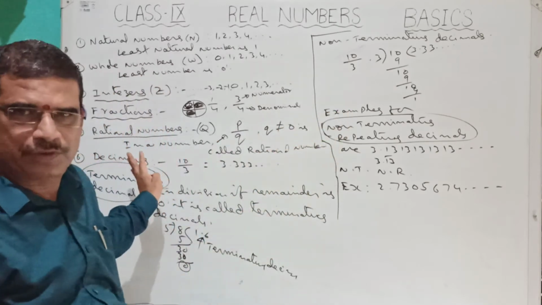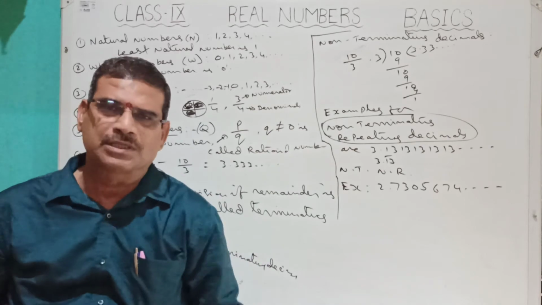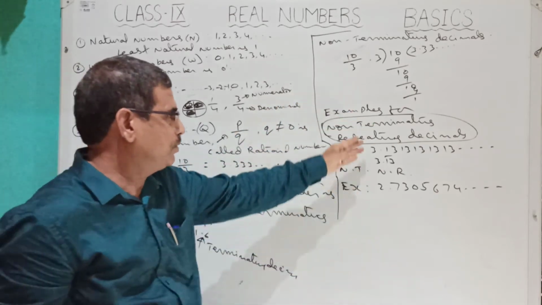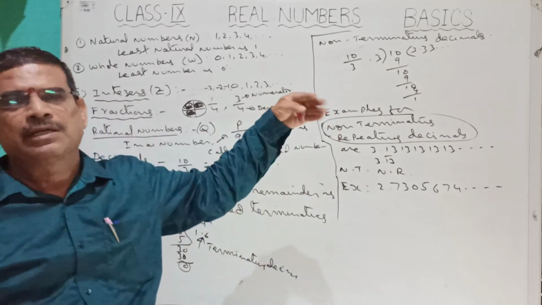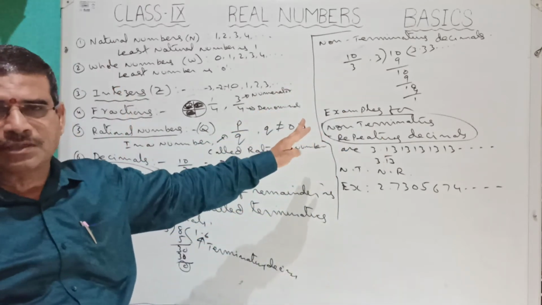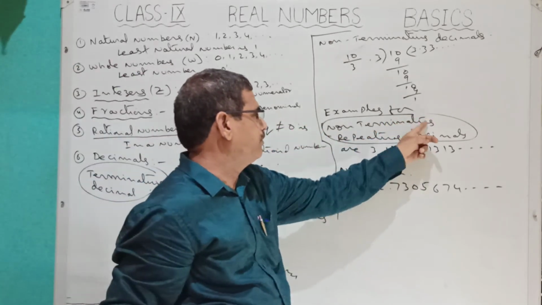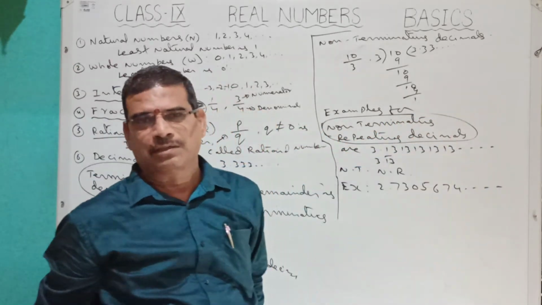These two decimal systems can be expressed in P by Q form, that is rational numbers. What are the two? One is terminating decimal and another is non-terminating repeating decimal.